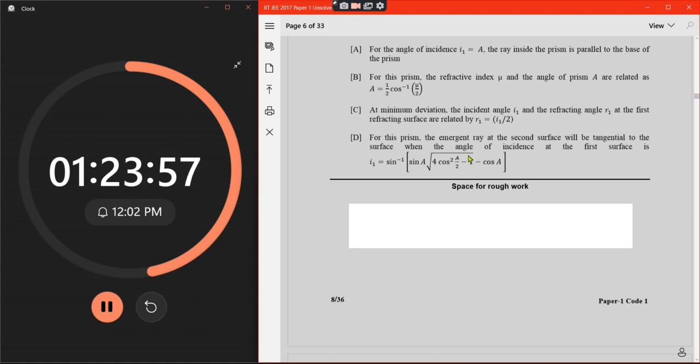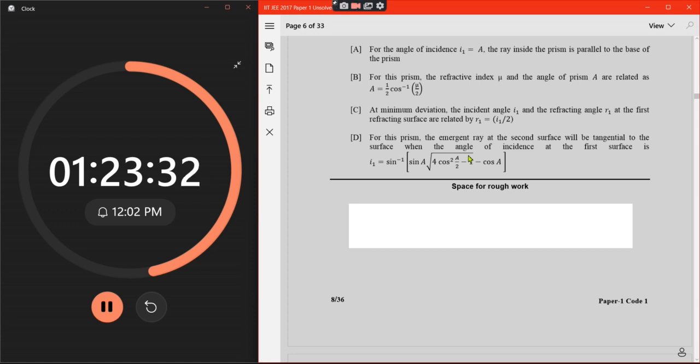So what's sine of theta, by the way? Just 1 upon 2 cosine of A upon 2. So you have cosine A upon 2 times cosine of A upon 2 minus sine A times cosine theta, which is how much? Sine theta is just this. So what is this?